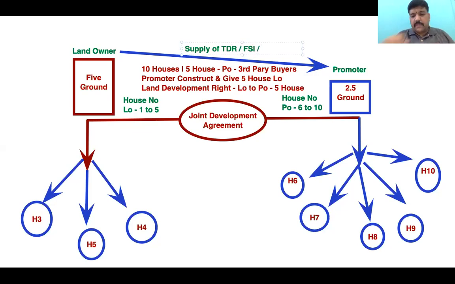Floor space index means how much you can construct. That is a mathematical model. If I have a land of 1,000 square feet, then your house can be up to 2,000 square feet. 2 FSI we call it. That is called FSI, floor space index, or long-term lease.